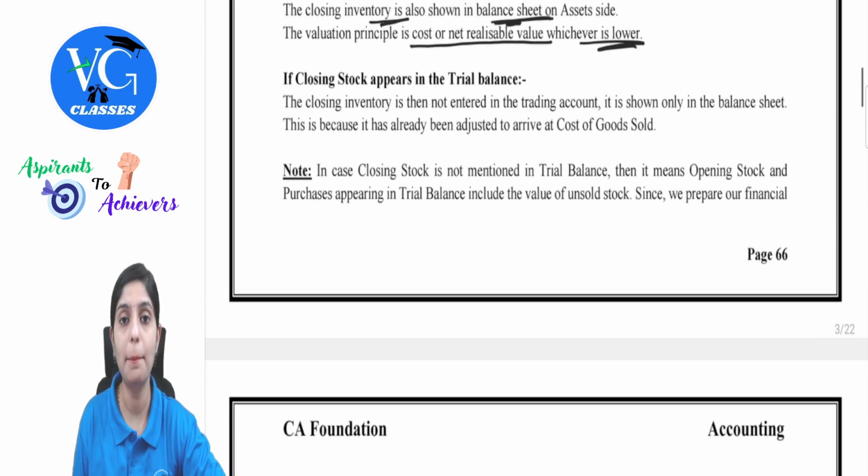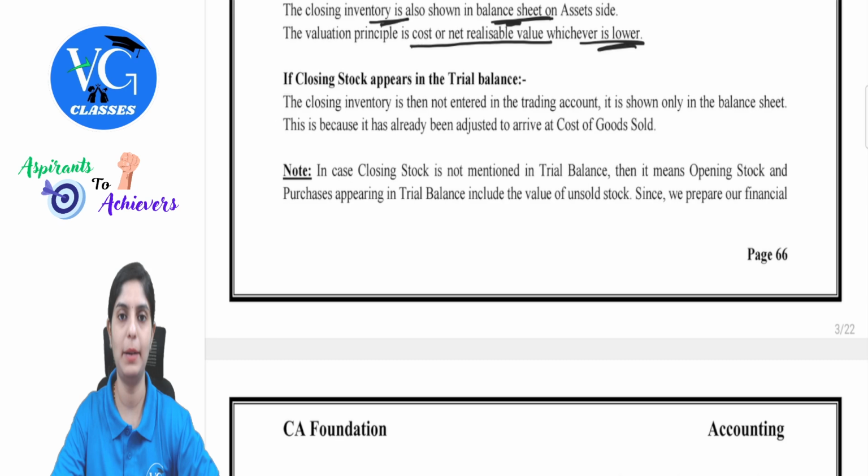If closing stock appears in the trial balance, see this could be a possibility wherein you will have to first observe all these things in the question. Where is closing stock actually coming? So if you have revised the topic before, you will be able to connect better. See, if you observe a final accounts question, closing stock majority of times will be given in our additional information or adjustments. So without any second thought, we will directly record it in two places.